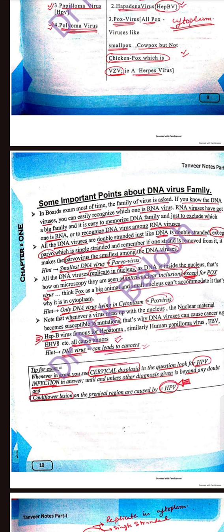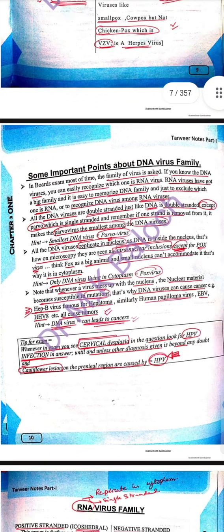All the DNA viruses are double stranded, just like DNA is double stranded, except parvo. This is important. So remember, all DNA viruses are double stranded except parvovirus, which is single stranded.